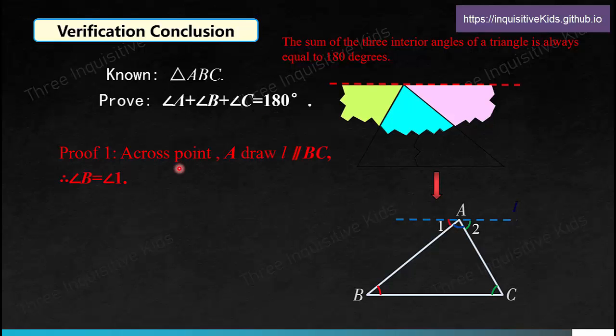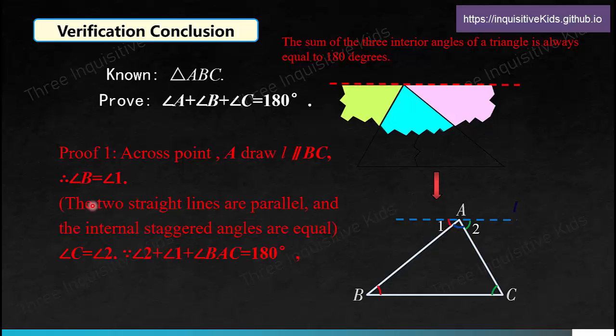Proof 1. Across point A, draw line L so that it is parallel with line segment BC. So, angle B equals angle 1 right here, because the two lines are parallel, and the alternate interior angles, remember you learned this, have to be equal.